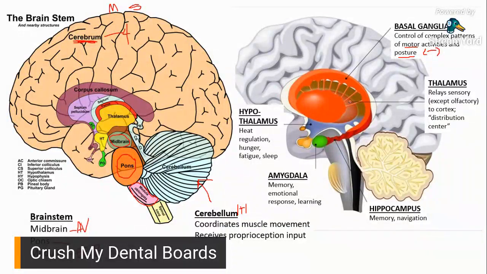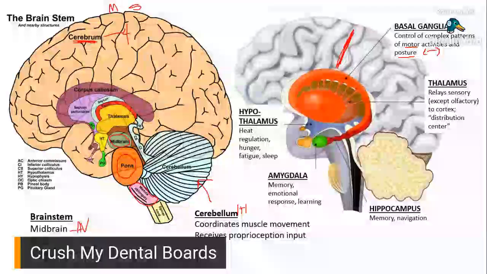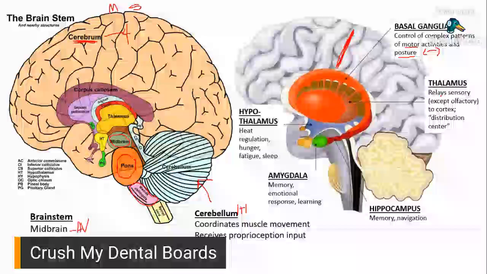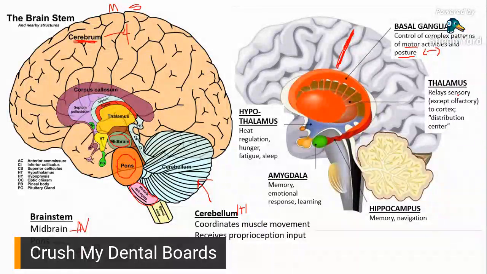So, from here, the thalamus would relay your sensory input to the cortex, which is supposed to be somewhere here. The sensory portion should be somewhere here. Right? So it acts like a distribution center. So thalamus, it relays sensory information to the cortex, except the olfactory. Okay?